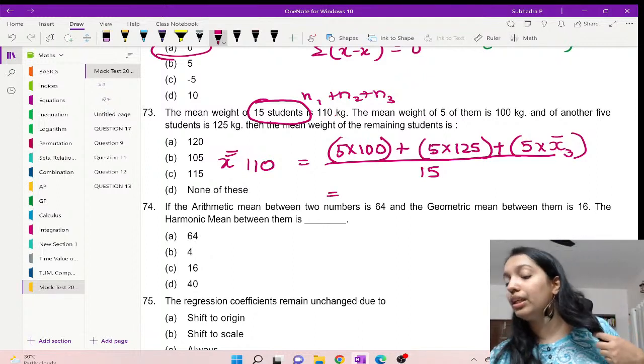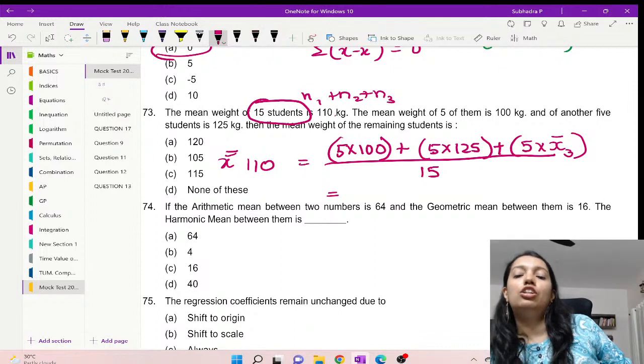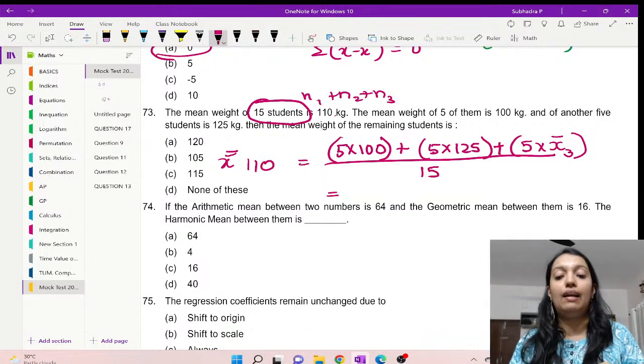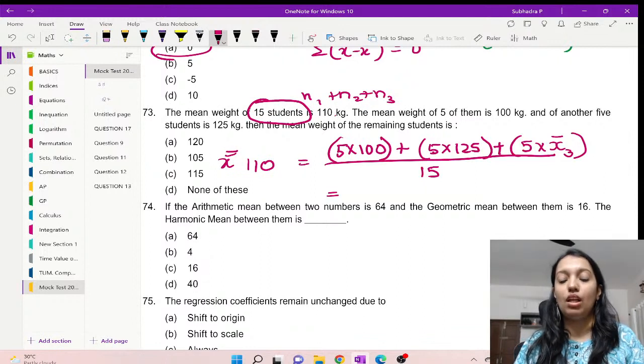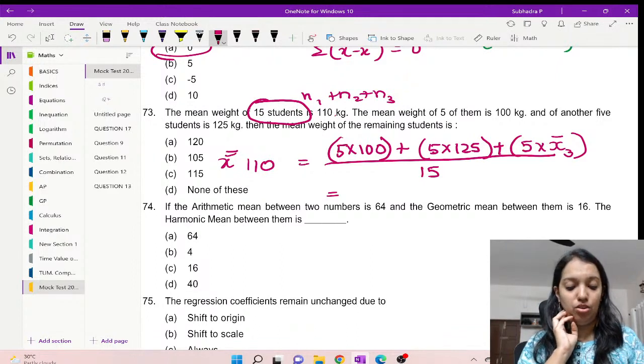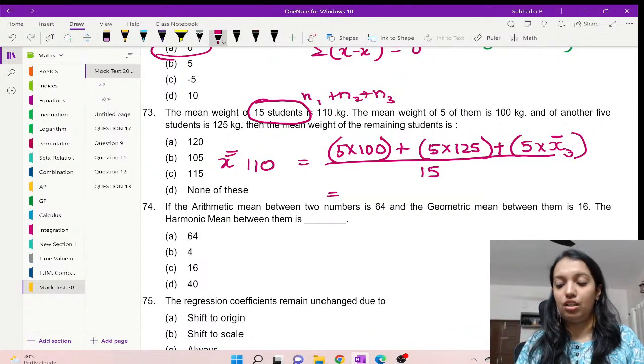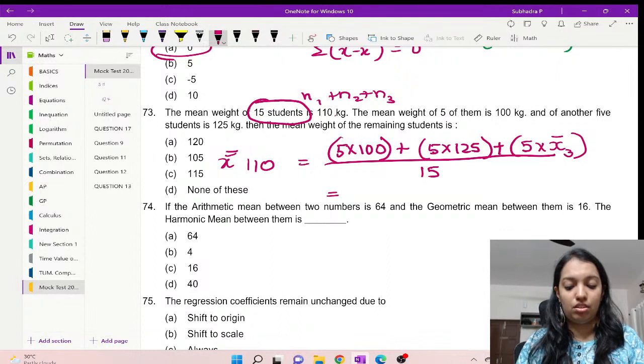I am directly doing it on my calculator. Take 110 into 15, so 1650. Now minus 5 into 100 is 500, minus 125 into 5, that is 625.